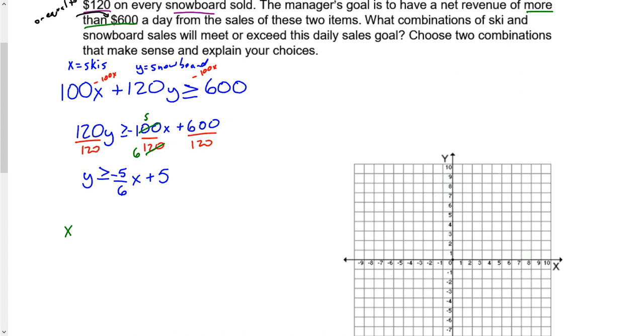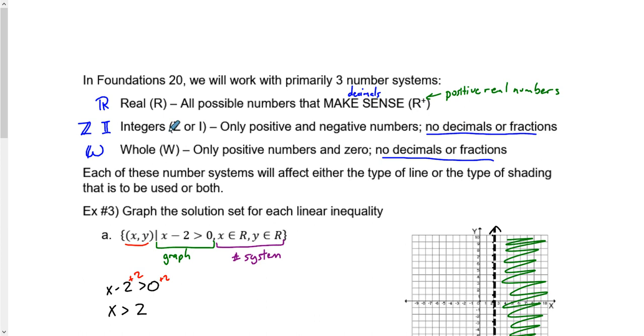Our x's, our skis. Well, you can only sell whole numbers. You can only sell a whole number amount of skis. Same thing with our snowboards. We can't sell decimal values of skis or snowboards, and we can't sell a negative amount of skis or snowboards.